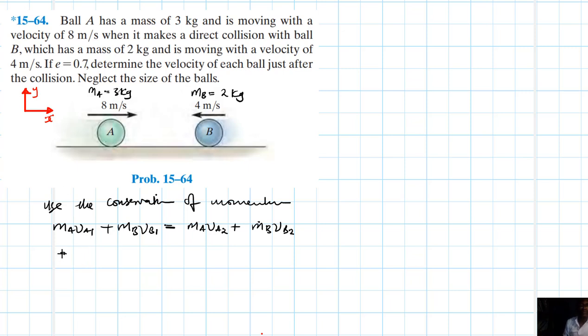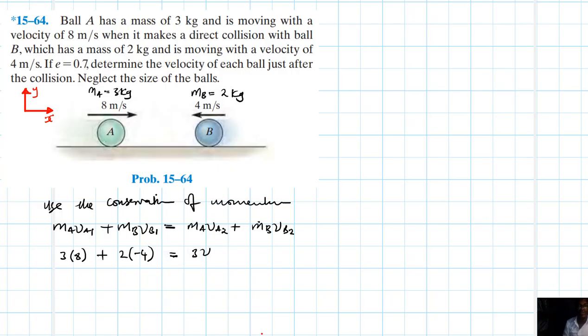So this becomes 3 by 8 plus 2 by minus 4. Minus, because we've chosen our reference in that direction. Therefore, anything in the opposite direction, consider it negative.